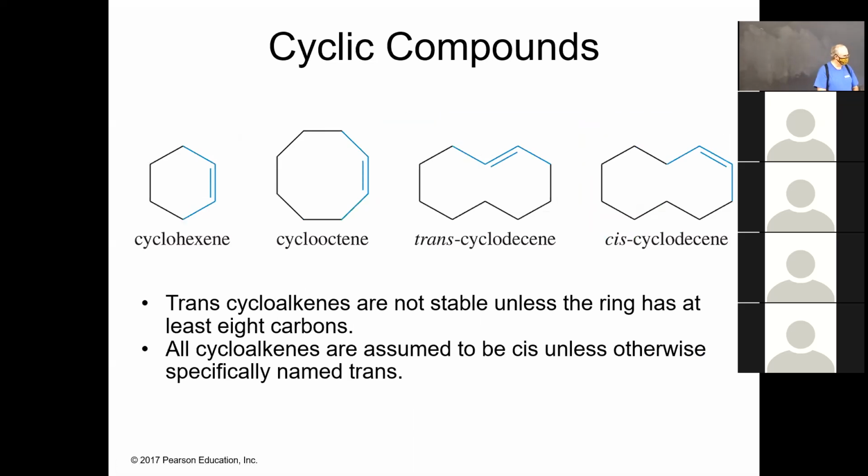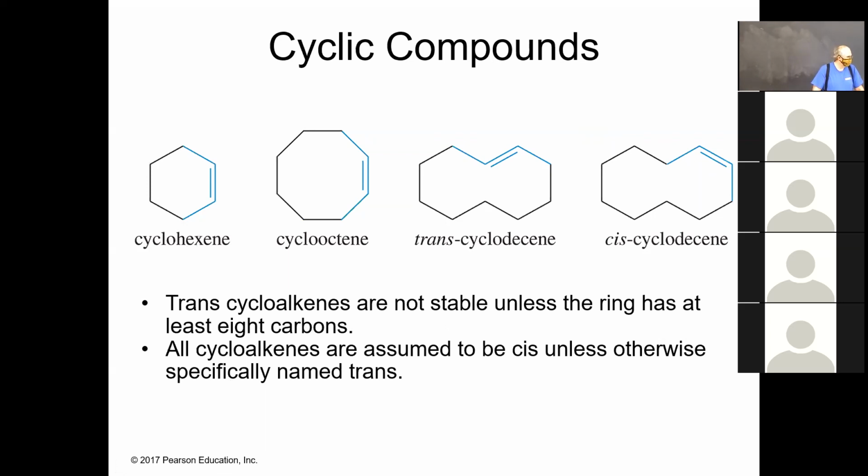Okay, here are some cyclic compounds. Again, if there's just one double bond, we don't need a number to locate the double bond. Trans cycloalkenes are not stable unless the ring has at least 8 carbons. So for smaller rings, we're going to assume that the double bond is cis.